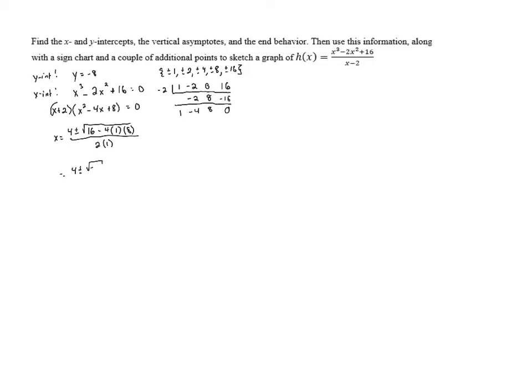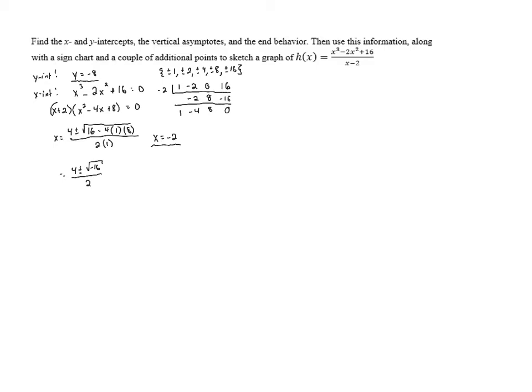And we know that the square root of a negative number is imaginary, so there are no real roots. And what this means is that x squared minus 4x plus 8 is not going to contribute any more x-intercepts. So the only x-intercept is the one that we got earlier, which is negative 2. So we've got x equals negative 2 as an x-intercept and y equals negative 8 as a y-intercept.